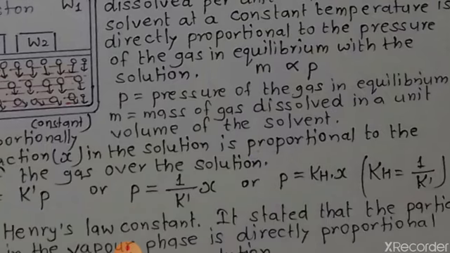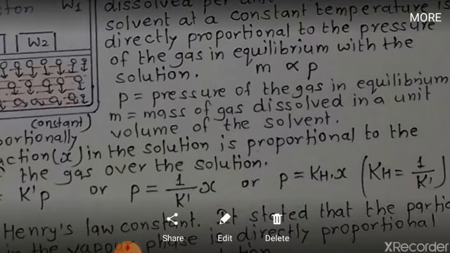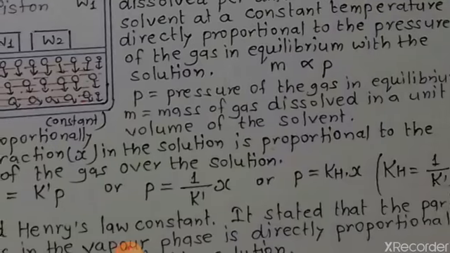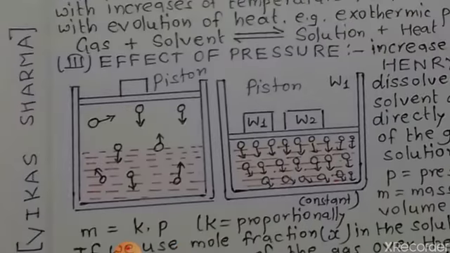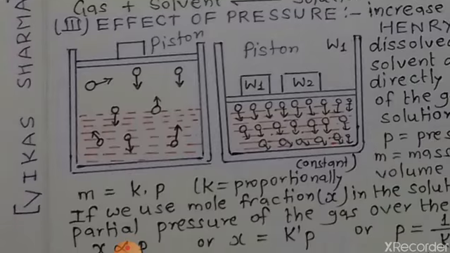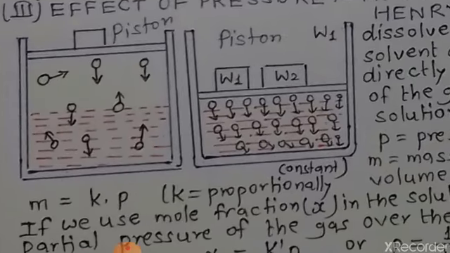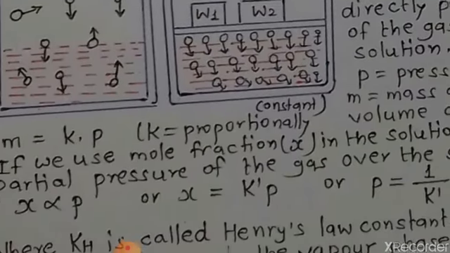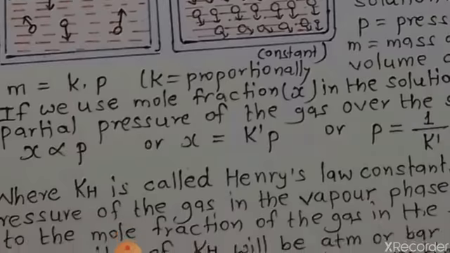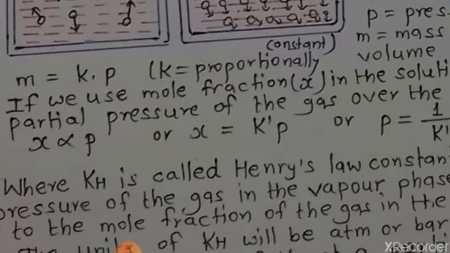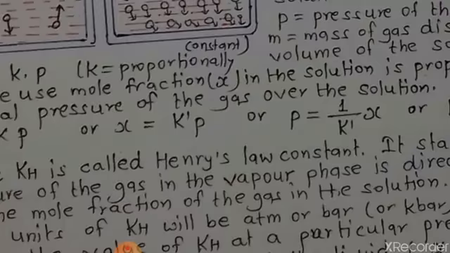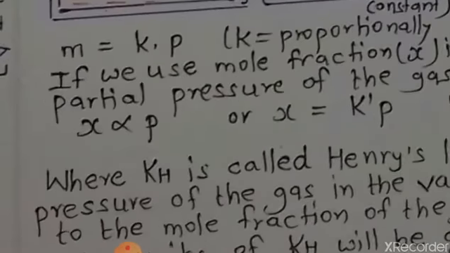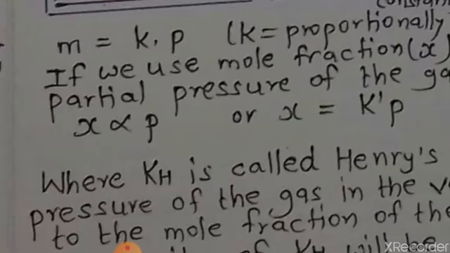It means the mole fraction of gas is directly proportional to the partial pressure. If you look at the diagram, it is shown that when the external pressure is applied, the mole fraction value of the gas increases. Student, if we take an equation, the mole fraction of gas is directly proportional to its partial pressure.